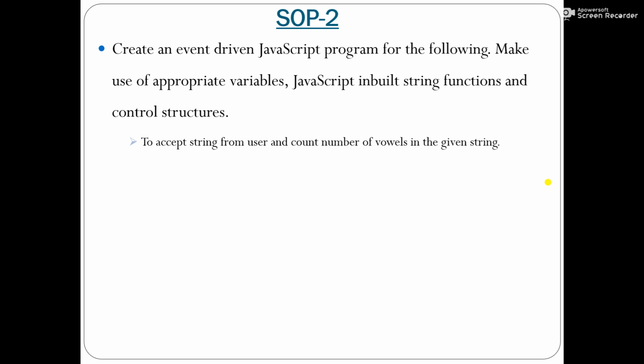This is SOP number 2 from advanced JavaScript. Now this will be the practical number 5 of your file. Understand, many students are getting confused between the SOP number and the actual practical. Our practical is divided into different skill sets. We have already completed the first skill set, which was advanced web designing.